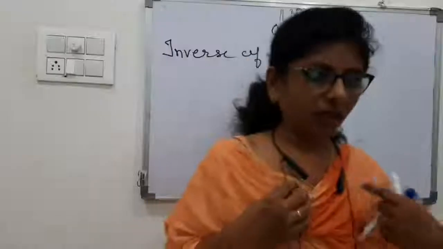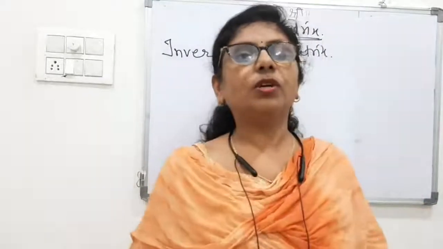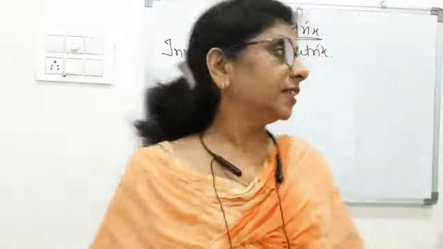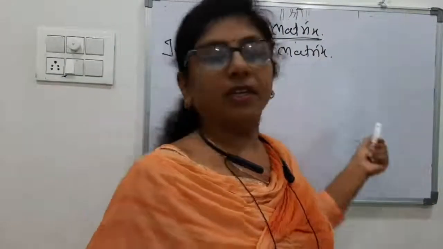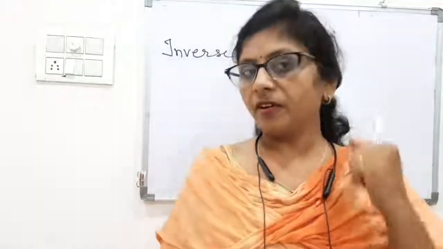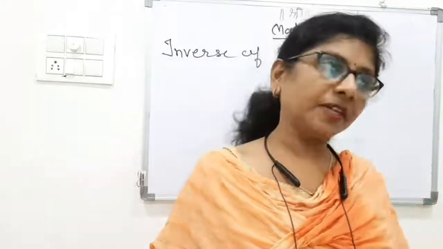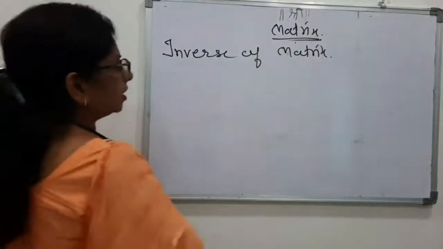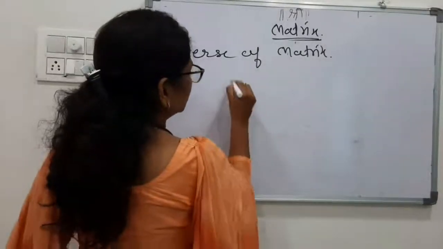Then there are two conditions to have any matrix inverse. So first we have seen that A and B should be of equal order and they should be square matrices. Now one more thing is that their determinant should not be 0.